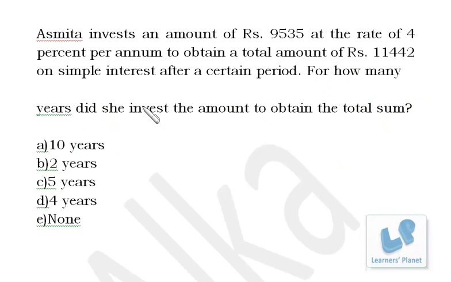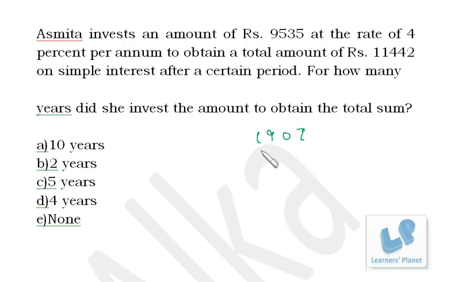Now, Asmita invests an amount of rupees 9535 at the rate of 4% per annum to obtain a total amount of rupees 11442 on simple interest after a certain period. Find how many years she invested the amount to obtain the total sum. Once again, we find out the interest amount. So 11442 minus 9535 is 1907.